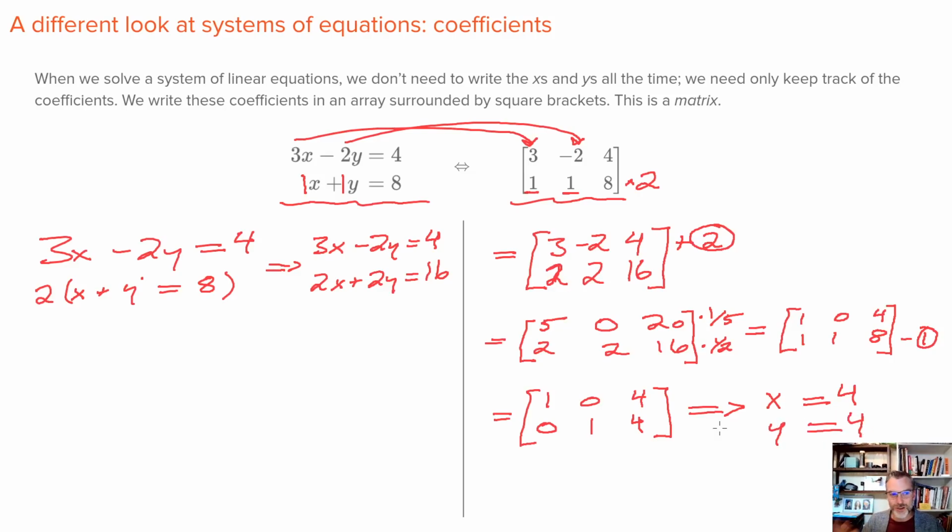So what you should notice here is that I just deal with the coefficients. And once I get them down to this kind of form, I can just reinterpret it in terms of the linear equations, and I've got my solutions. So this is another way to solve systems of linear equations.